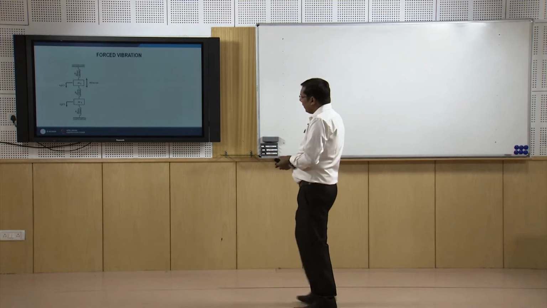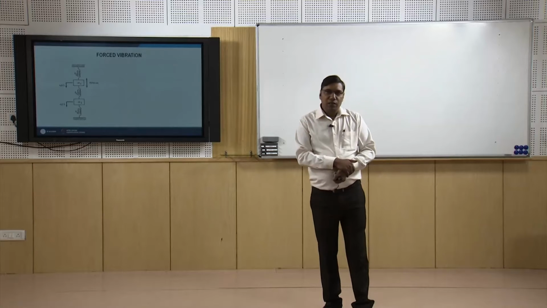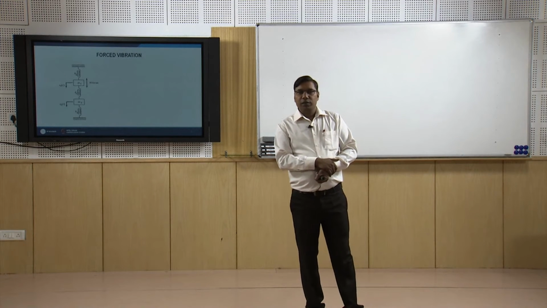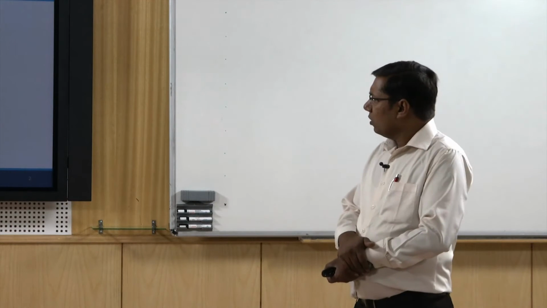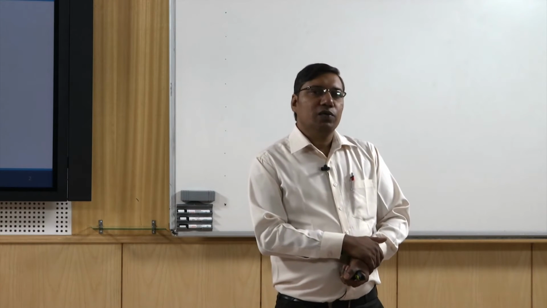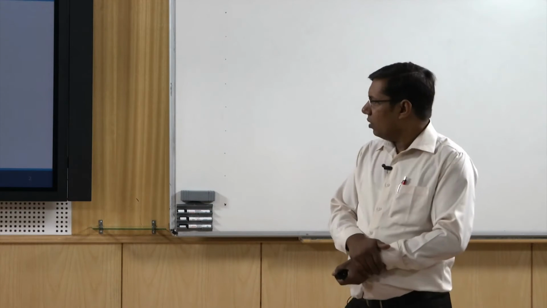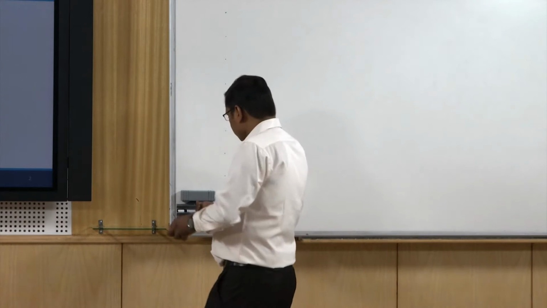So, let us take a system. This is our 2 degree of freedom system. We have two masses M1 and M2 and three springs K1, K2 and K3, and a harmonic force applied on the first mass, F0 sin omega t. F0 is the amplitude of the force and omega is the frequency of that force.